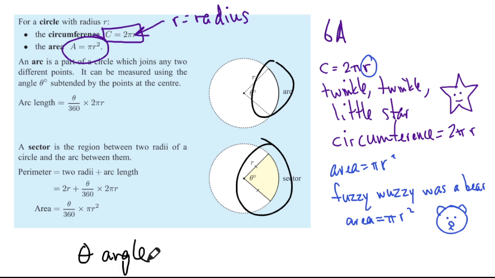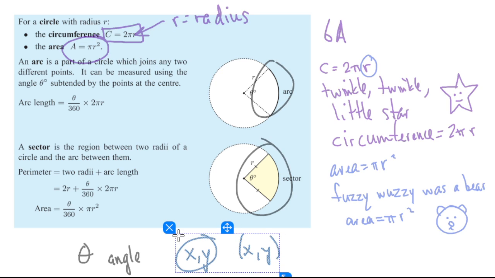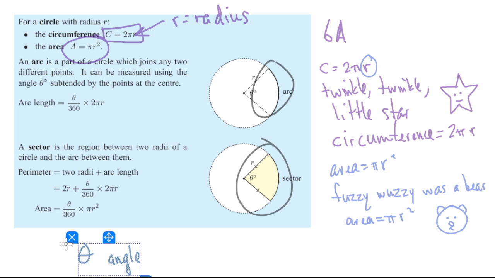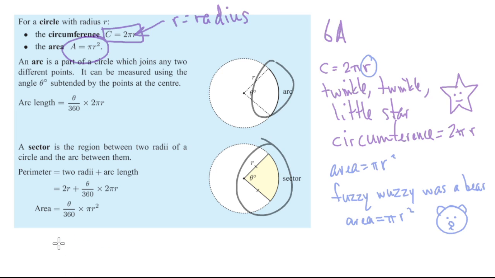Theta is a Greek letter, and often you will see Greek letters used for angles because we're already using x and y for x and y values in an ordered pair. And so theta and x and y can all be necessary in a single problem. That's why you will often see Greek letters used for angles.